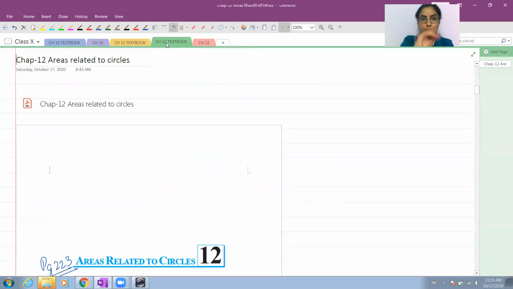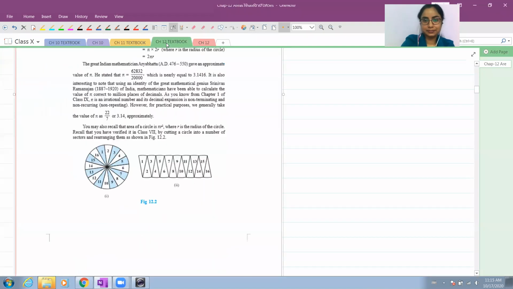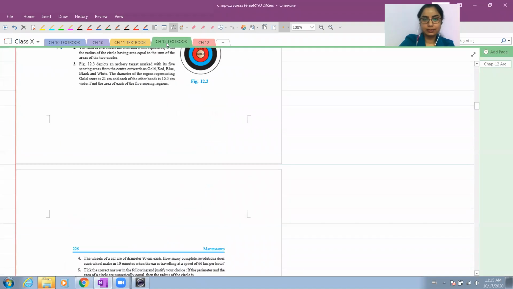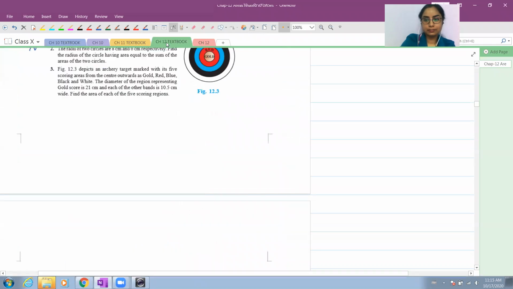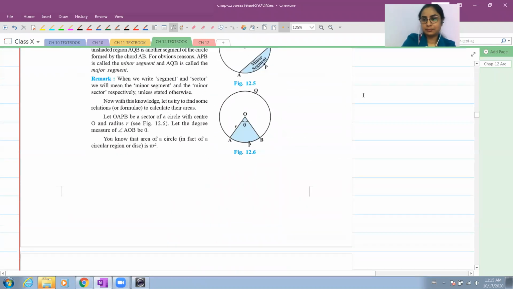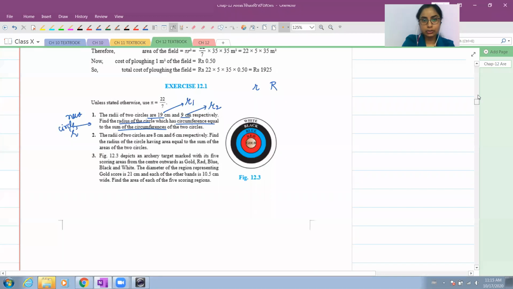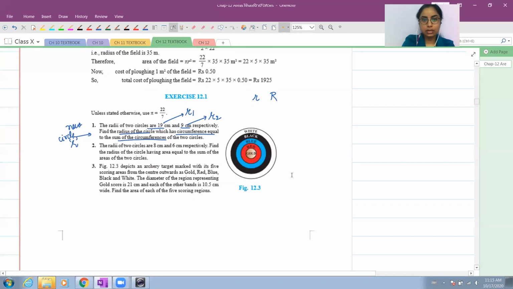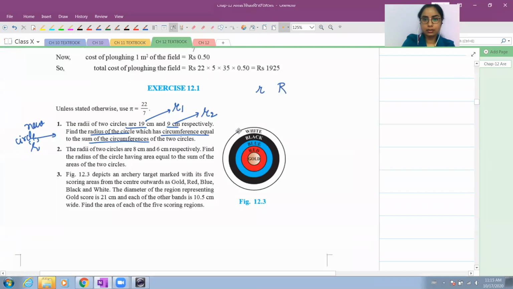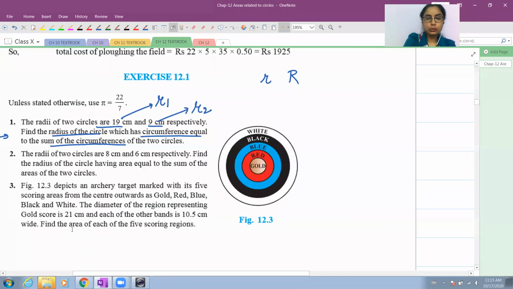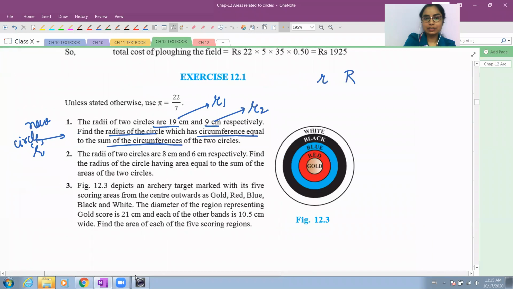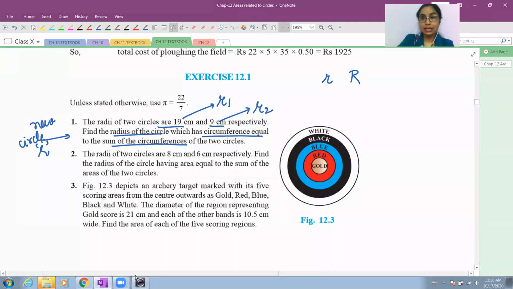Question number 2. It's similar to question number 1. They have only changed the circumference to areas. The radii of two circles are now given as 8 and 6.